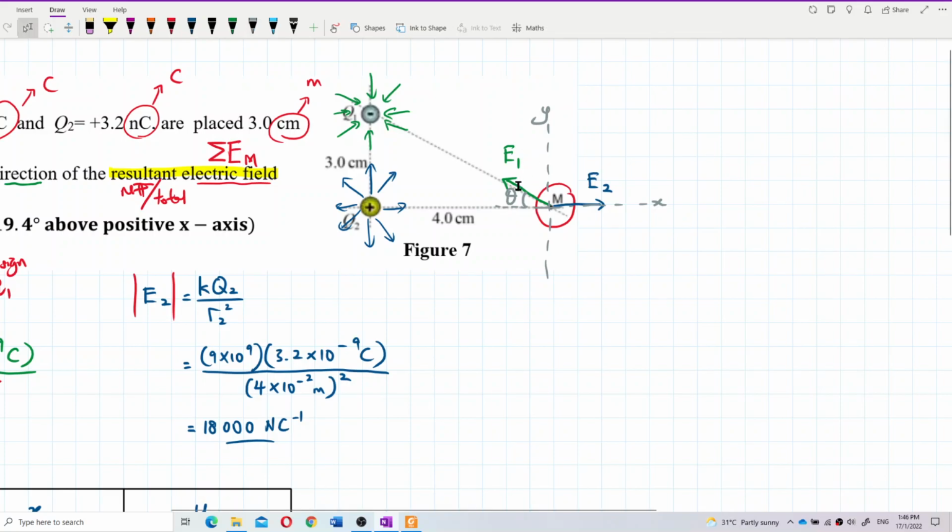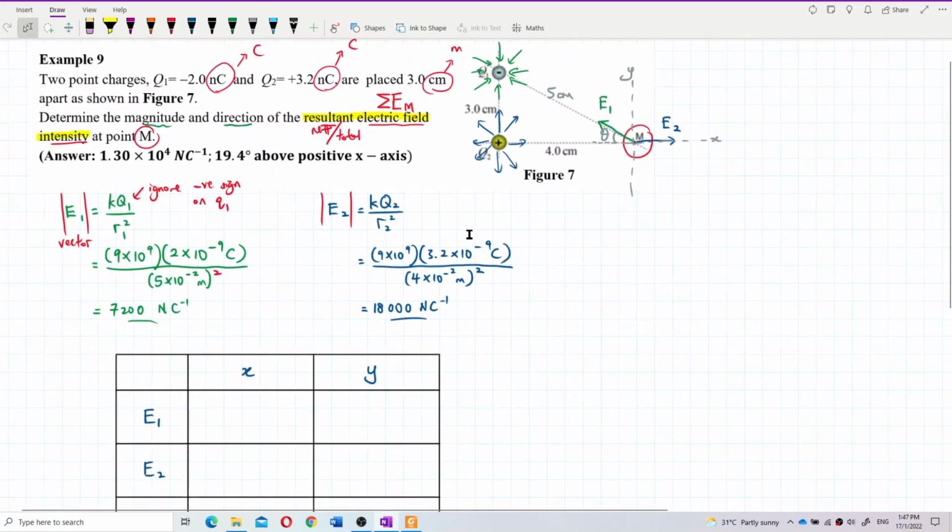To get that angle, I have this 3 centimeter and 4 centimeter, so I can use trigonometry. And I also know this is the 5 centimeter. So first of all, E1.